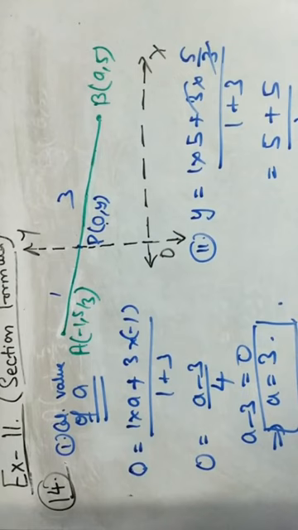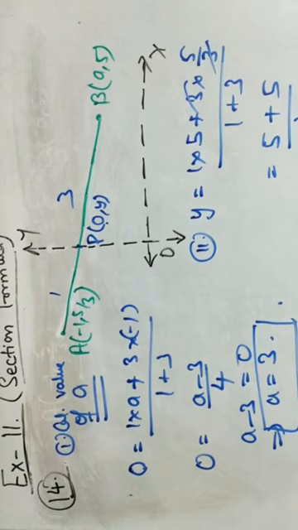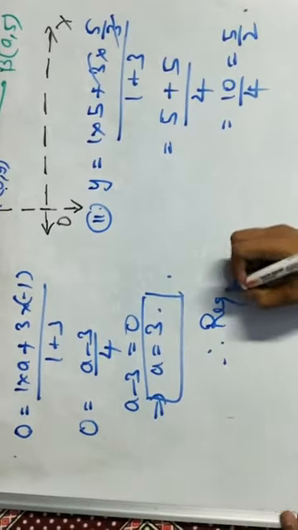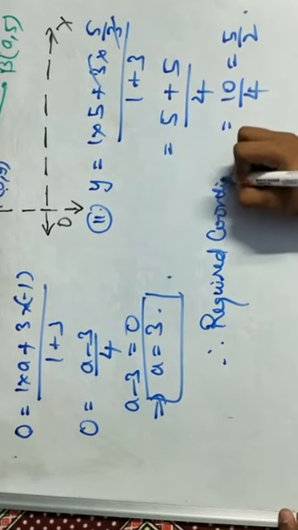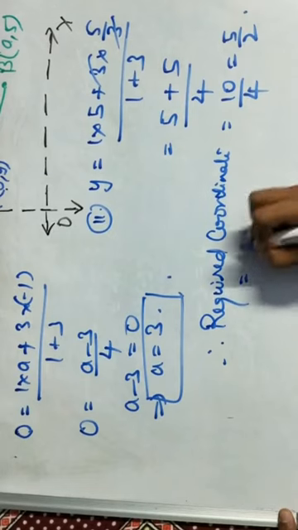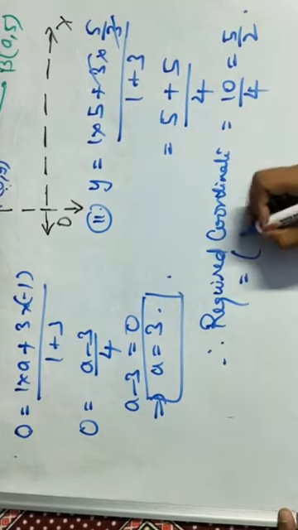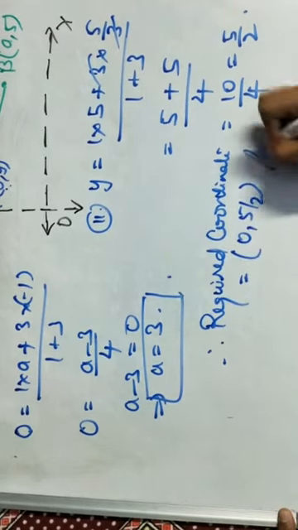So this is 10 by 4, which is equal to 5 by 2. So therefore the required coordinate is 0 comma 5 by 2. So this is the answer.